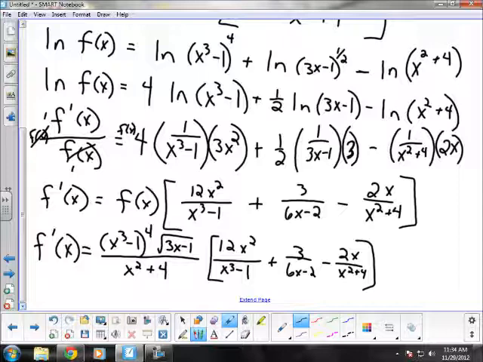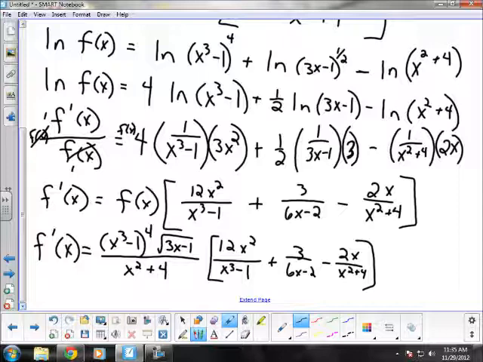So, now that you have the rule for finding the derivative of the ln, a lot of those things that we've been fighting with doing the product rule or the quotient rule, we could now take the ln of both sides and actually do it this way.